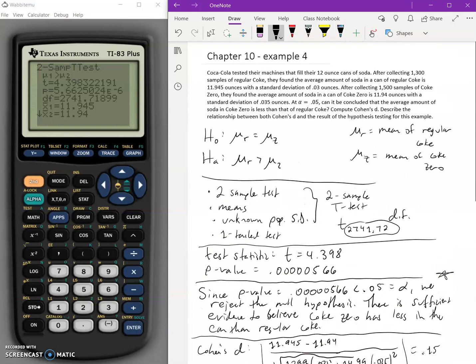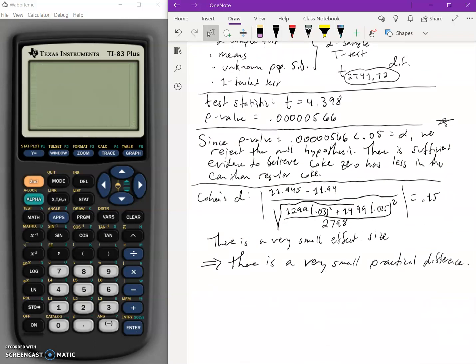Having in this case a mean of 11.945 versus a mean of 11.94, because our samples were gigantic, we had 1,300 and then 1,500, these two are statistically different numbers. The means were different. But that's where the practical significance can come in and say, well, practically though, that's a very small difference. There's not really that much of a difference between 11.945 and 11.94. So we have a very small practical difference.